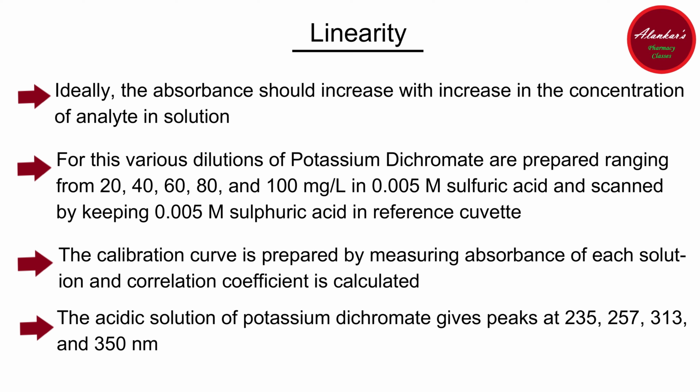The calibration curve is prepared by measuring absorbance of each solution, and the correlation coefficient is then calculated. The acidic solution of potassium dichromate gives peaks at 235, 257, 313 and 350 nanometer.